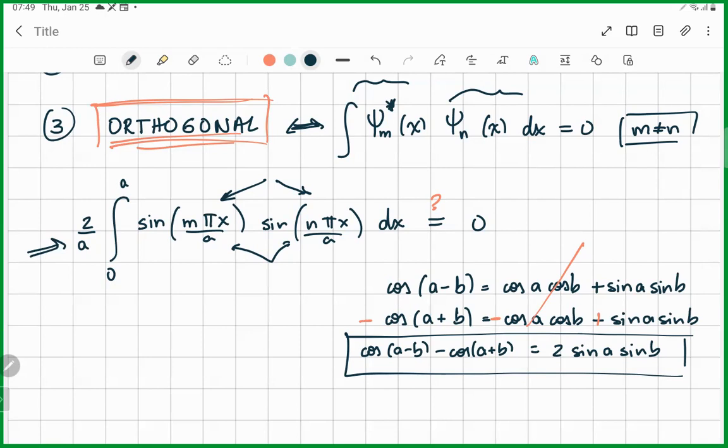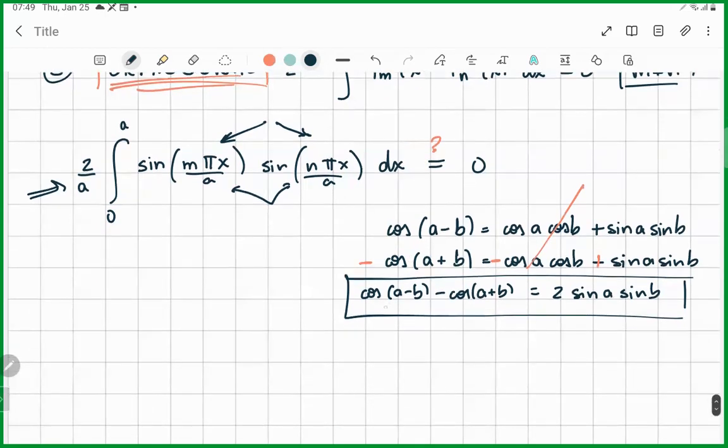How can I write this integral? I can write that integral in terms of just 2 cosines. So let me do it here with you. 2 over a. Now, inside the integral, I'm going to put cosine of a minus b. Well, a minus b in our case, this is my a and this is my b.